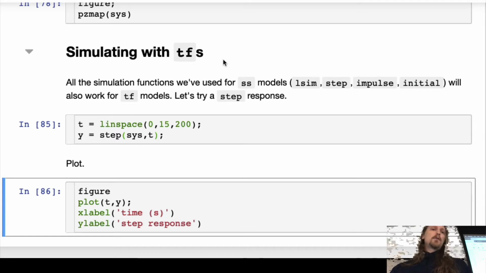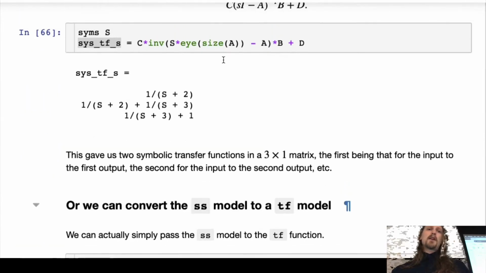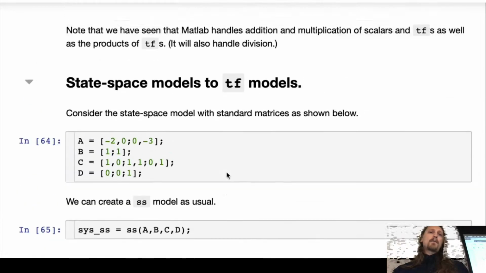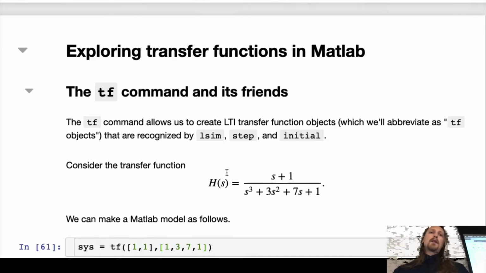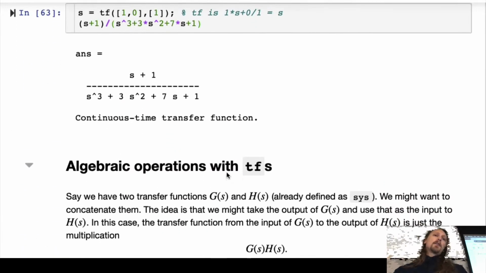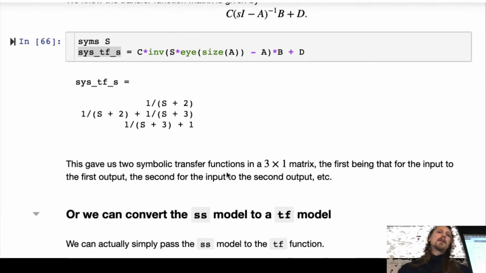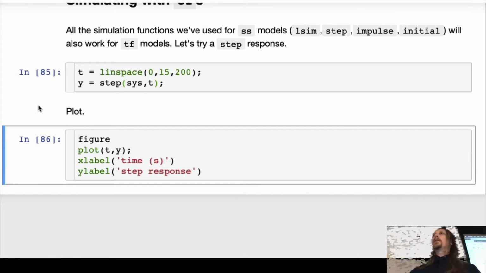We could use the symbolic toolbox to come up with nice symbolic expressions of the transfer function. And we learned how to sort of manipulate them. You can multiply them together, and you can create them in different ways. You can create them from state space model or directly, and do some simulation with them.